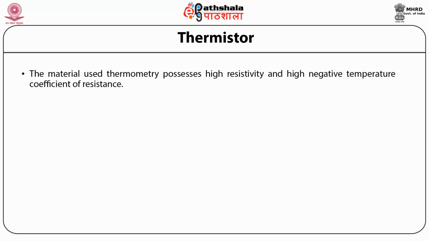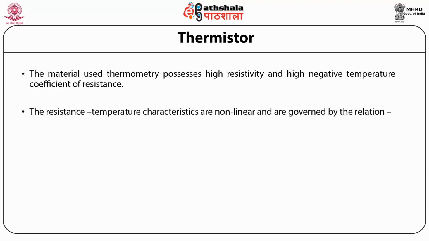The material used in thermometry possesses high resistivity and high negative temperature coefficient of resistance. Some compound mixtures have positive coefficient. The resistance temperature characteristics are nonlinear and are governed by the relation RT = R0 × exp[β(1/T − 1/T0)].